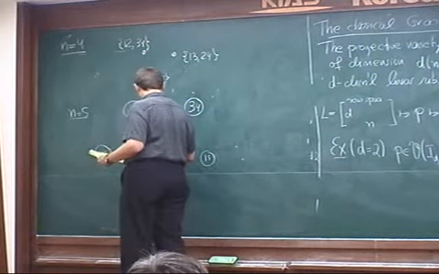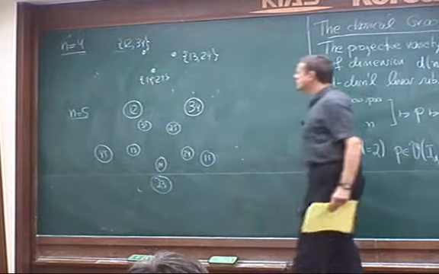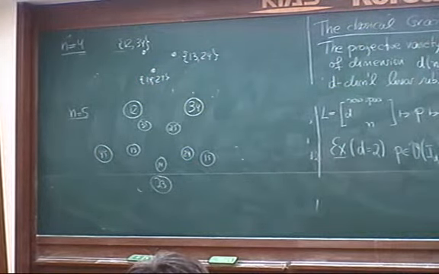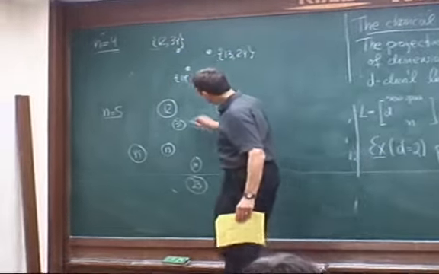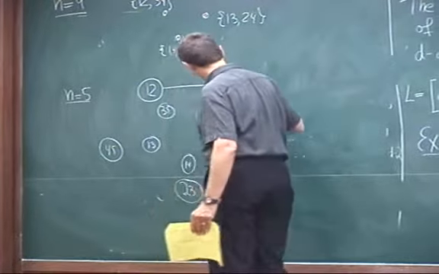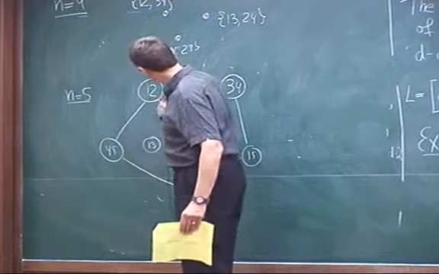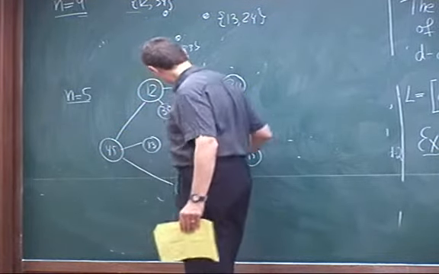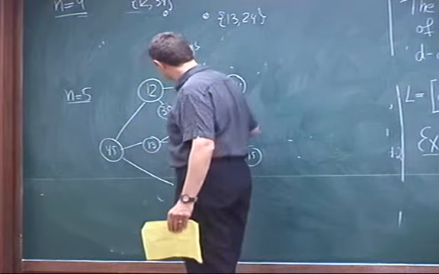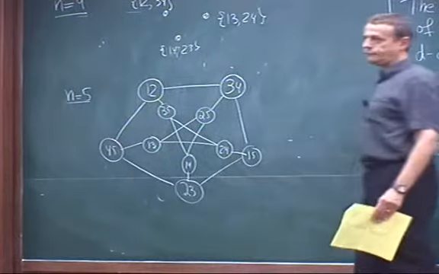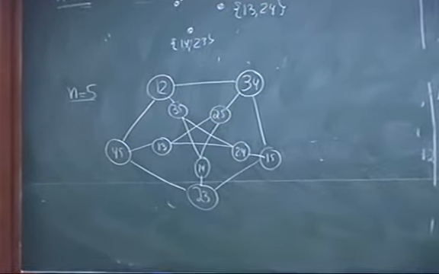13, 14, 24. These are the 10 2-element subsets of a 5-element set. I'm going to make a graph by connecting two if they're disjoint. So I'm connecting disjoint pairs. Okay, so this is the Petersen graph. Now each of these nodes I'm going to identify with a split of a 5-element set.